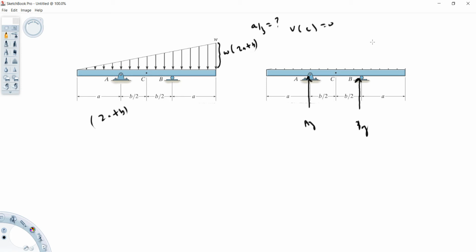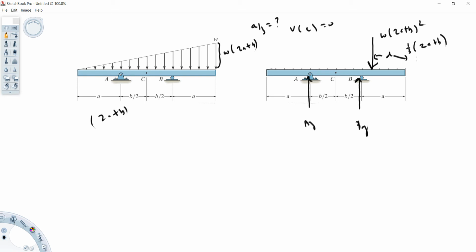So we're going to have a single force vector here equal to W times 2A plus B, the quantity squared. I've got a feeling this one's going to be an algebraic nightmare. That force vector goes 1/3 of the way from the corner. So this distance, best I can see it, is going to be 1/3 of 2A plus B.